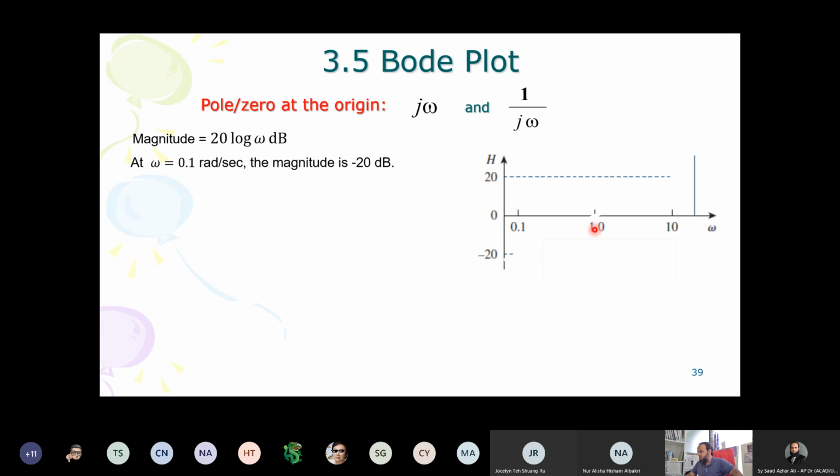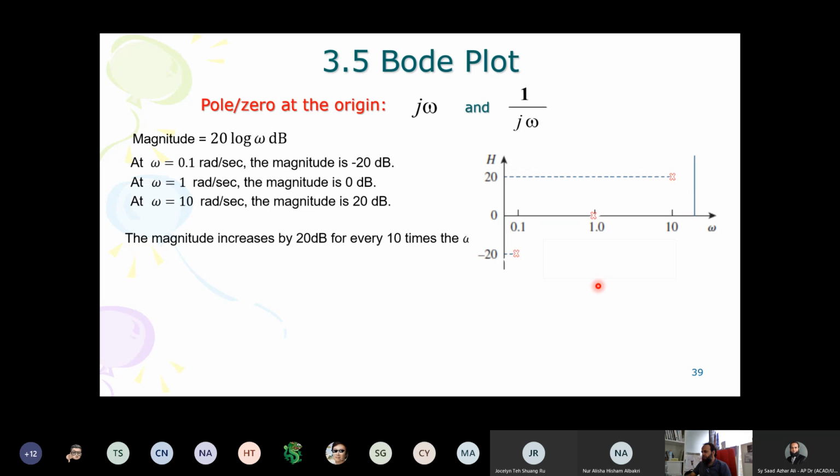One decade before 1 is 0.1, and one decade after 1 is 10. If we take 0.1, log of 0.1 is minus 1 times 20, we get minus 20 dB. So we get this as a point. Then of course 1 will give a 0, and for 10 we'll get plus 20 dB, right?